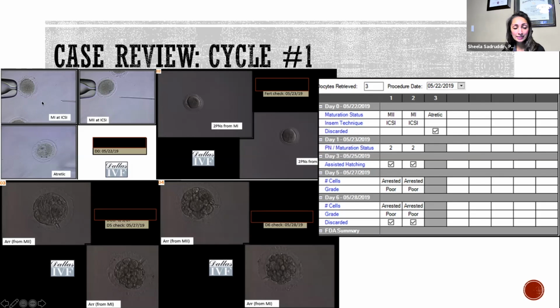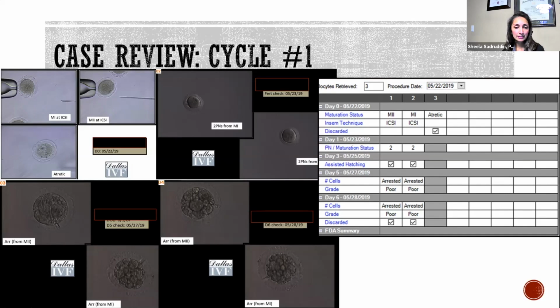Only 1 was mature, so maturity rate was a factor despite her responding to the treatment. During stimulation, only 1 egg was mature out of the 3. 1 egg was immature. We went ahead and inseminated it anyway in hopes that it might fertilize.